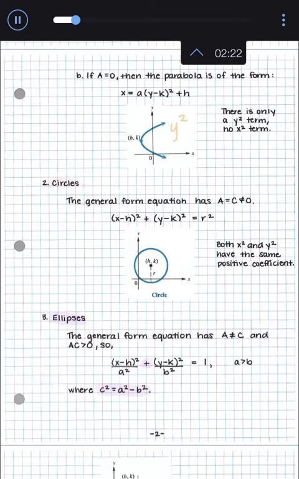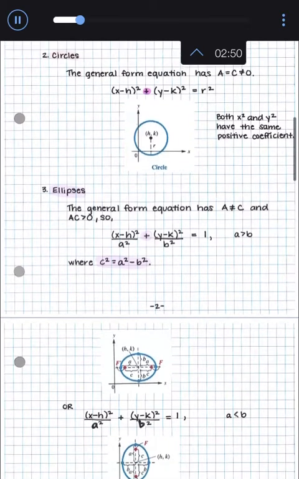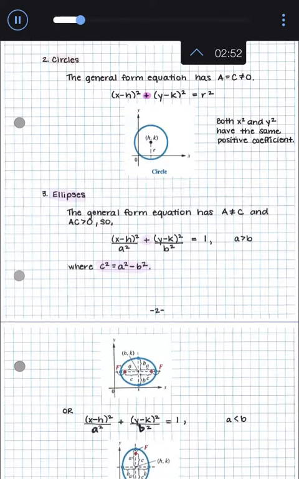Now, if you have x's squared and y's squared, there's an issue. If you have x squared and y squared, it could be a circle, an ellipse, or a hyperbola. The question is, how do you know which one? Well, we already said that circles and ellipses both have a plus in between their x squared and y squared.